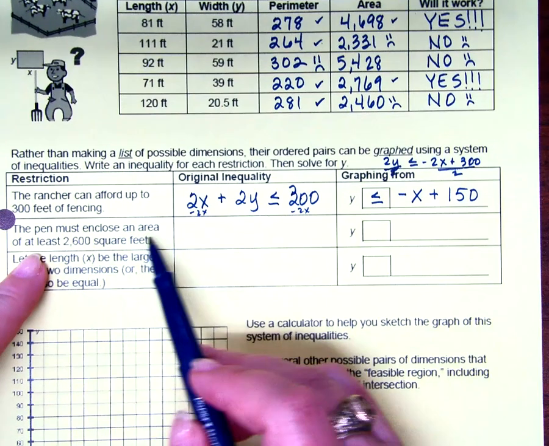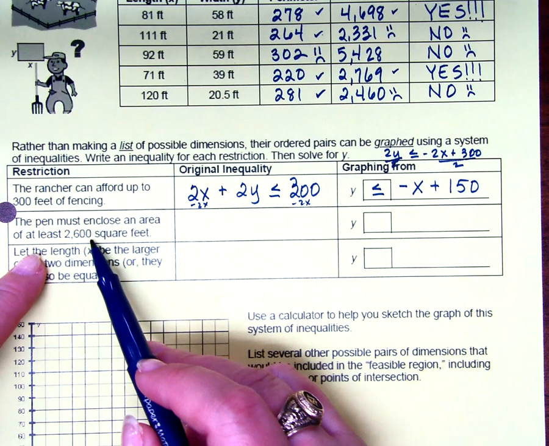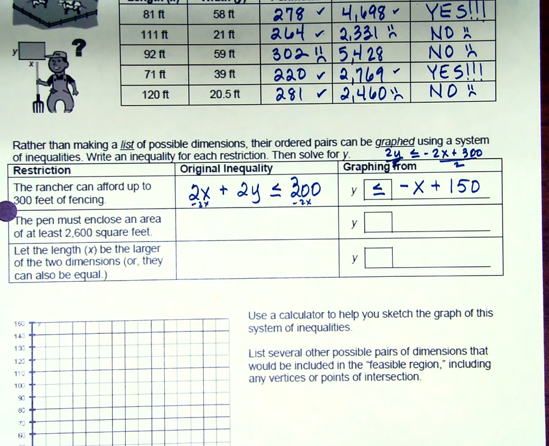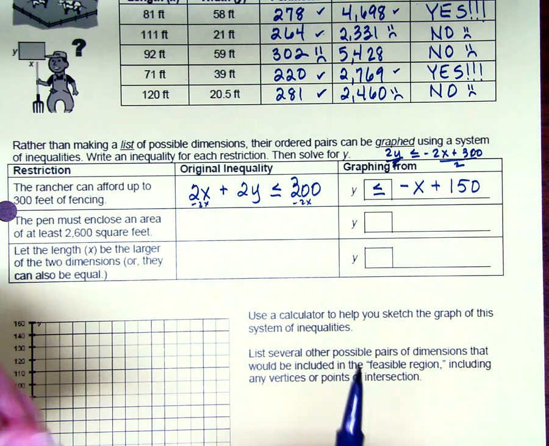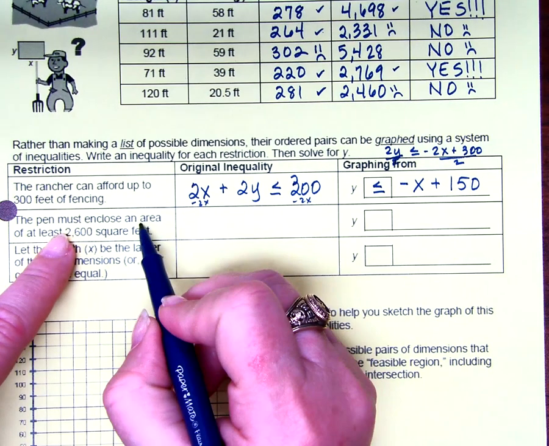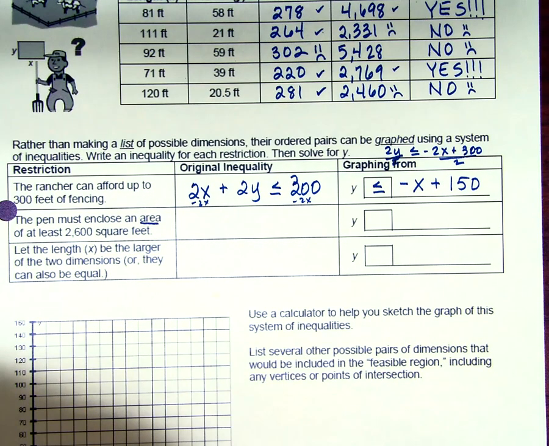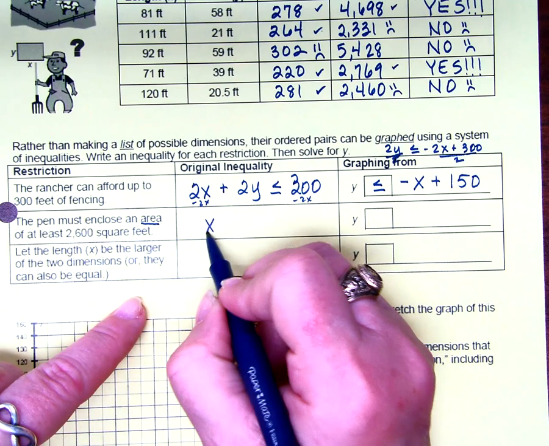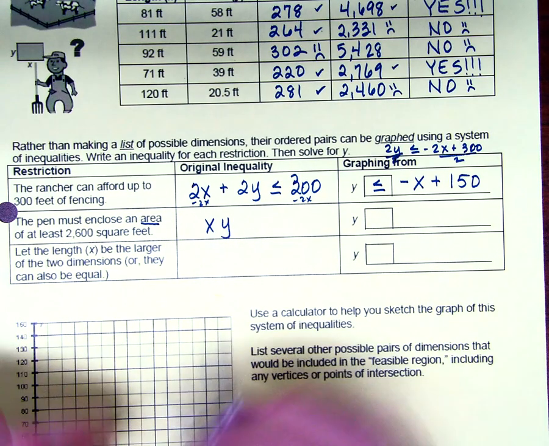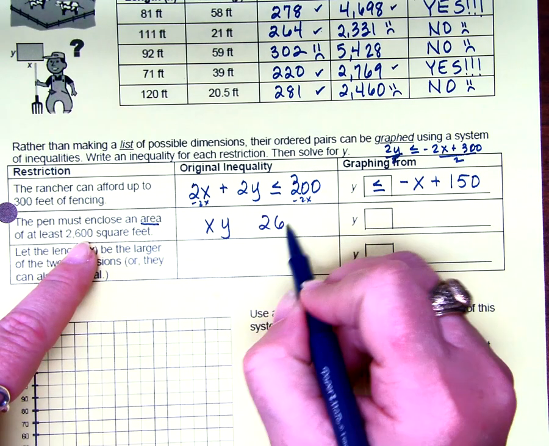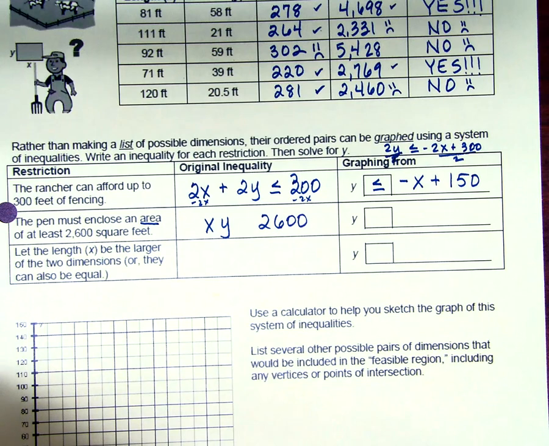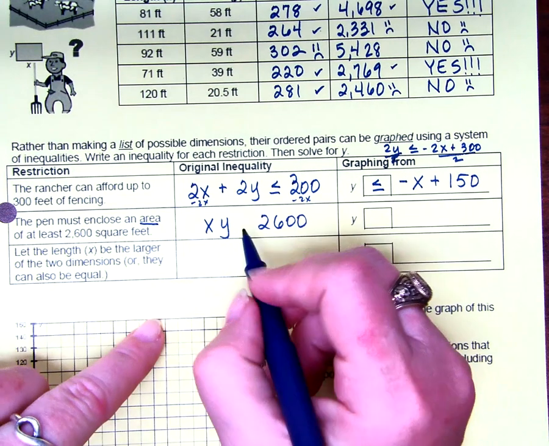The pen must enclose an area of at least 2,600 square feet. What does that inequality look like? How did we find the area? So xy, good. And how did that relate to 2,600? Very good.